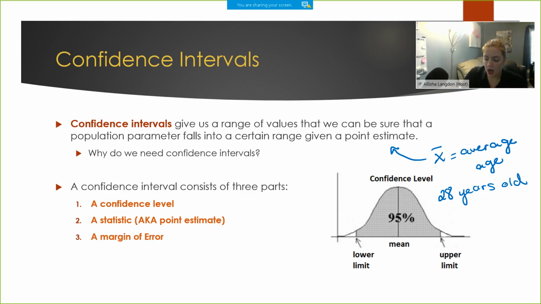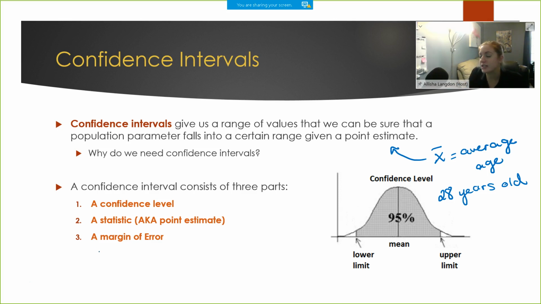And then I also need to calculate my margin of error. Margin of error is calculated using a formula, which we will talk about in a second. It can get a little tricky, so just make sure you've got your Excel out, you're ready to go, and you're going to work through those margins of error as well.